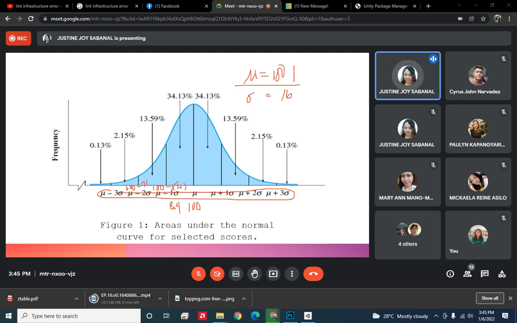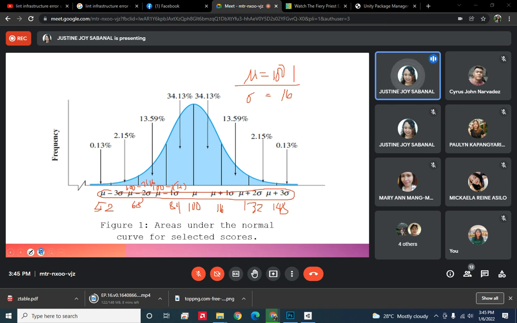So, 2 standard deviation, yung distance niya away from the mean. So, this is 68. Then we have here 52. So, dun naman sa pakanan, so 100 plus 16 is 116. 100 plus 32 is 132. And 100 plus 48 is 148.